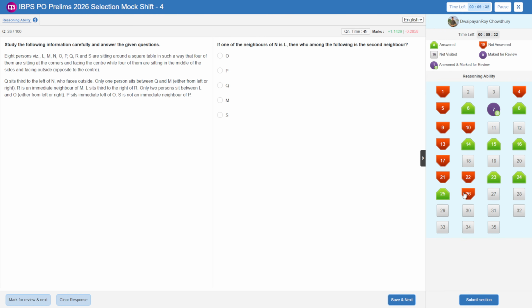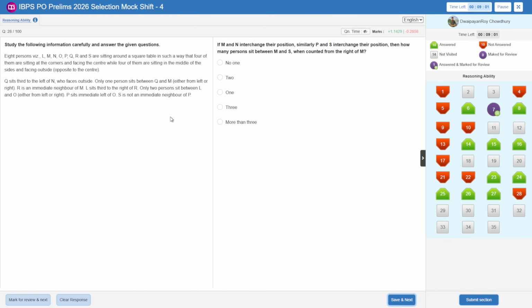One of the neighbors of N is L. Yes. Then who of the following is the second neighbor of P? From the following pair adjacent: OP, PQ, MP, SO, QM. OP is it.